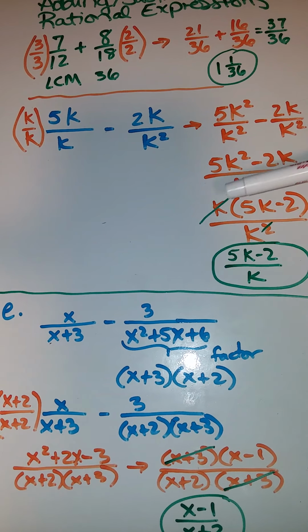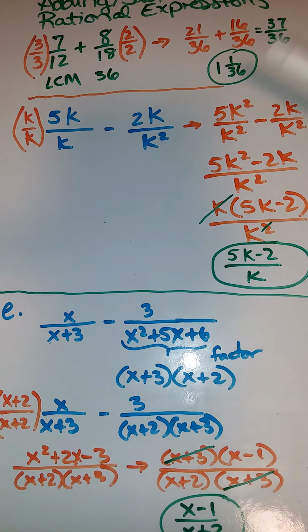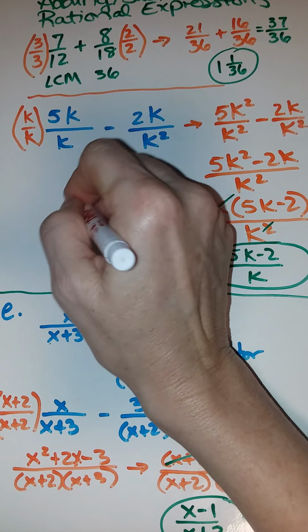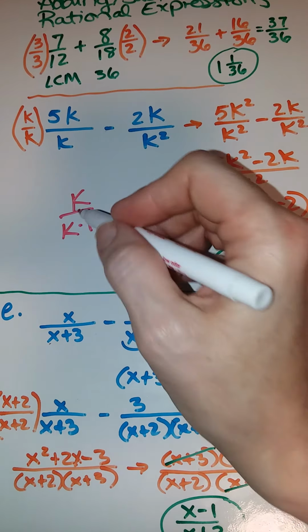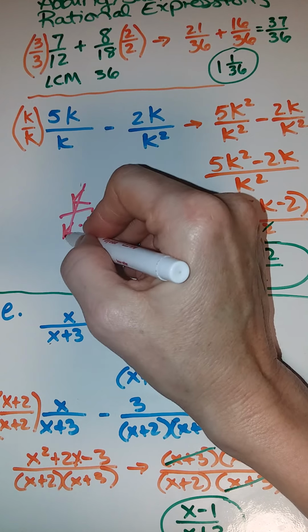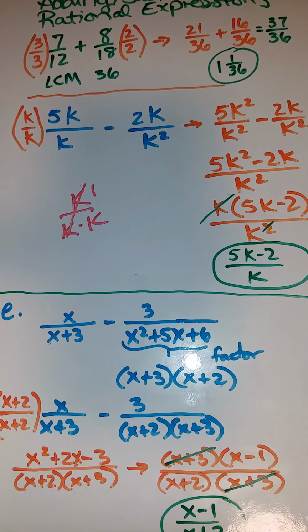Now, once we see that we've factored out a k, we can simplify, because we know that k over k is going to be 1, but this is k over k squared. And we understand that k over k squared is really just, this turns into 1, and so it's 1 over k.